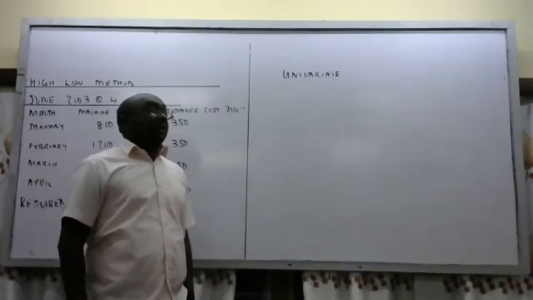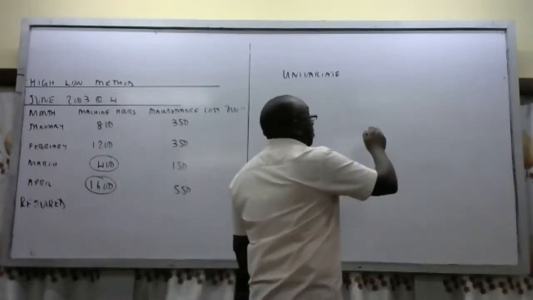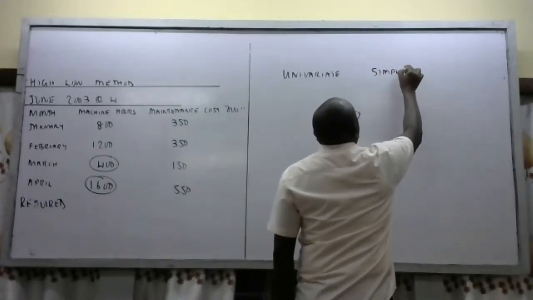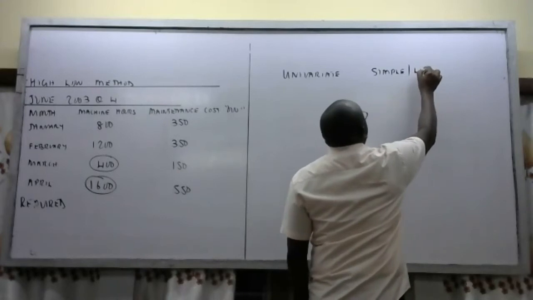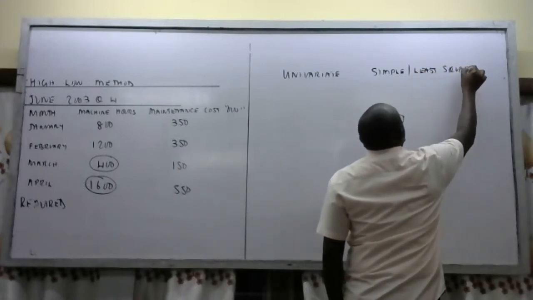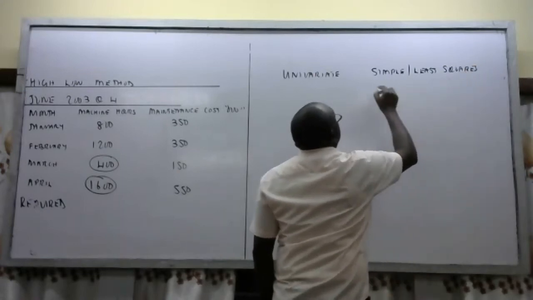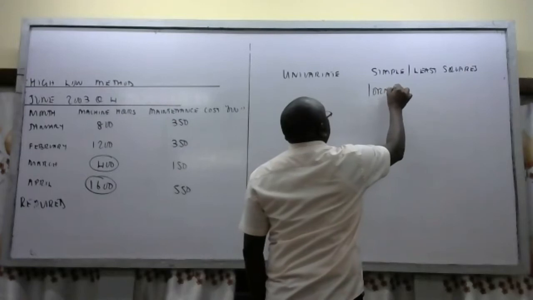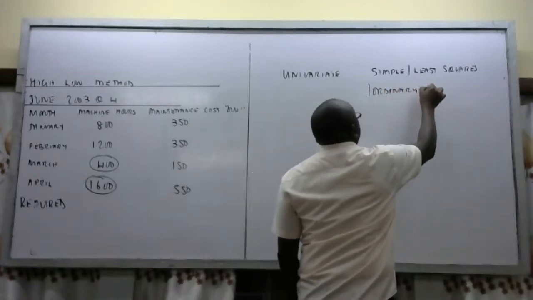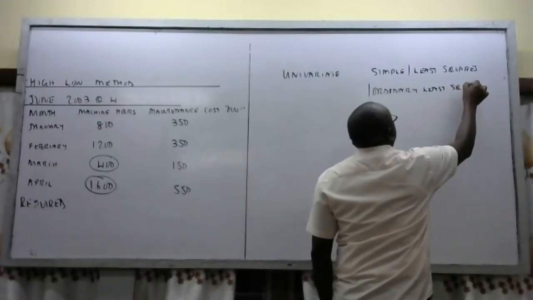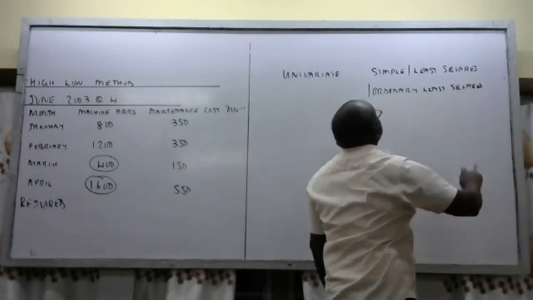And the analysis is called simple least squares, or ordinary least squares method or analysis.